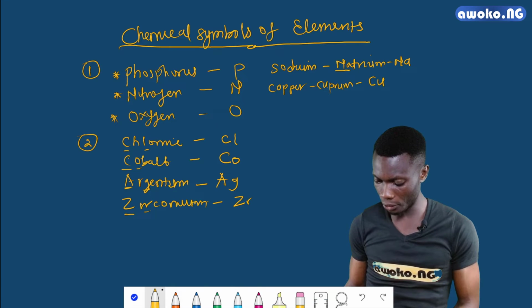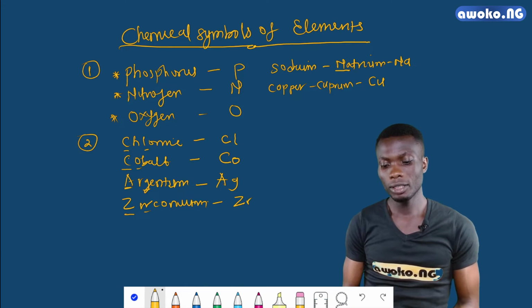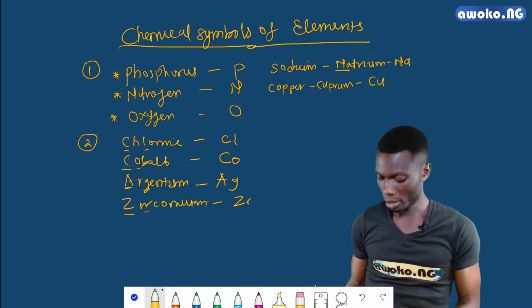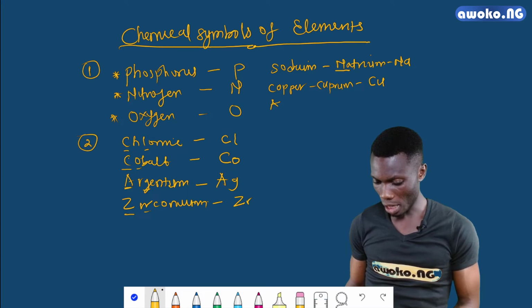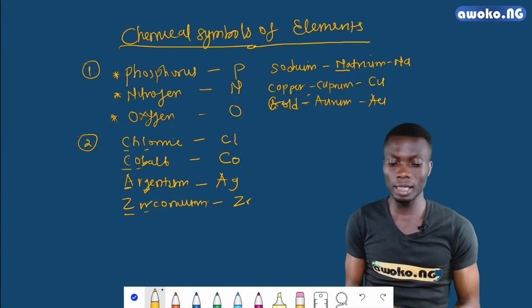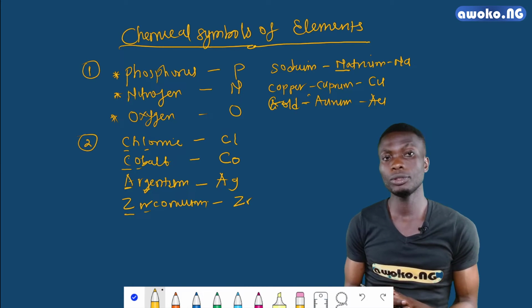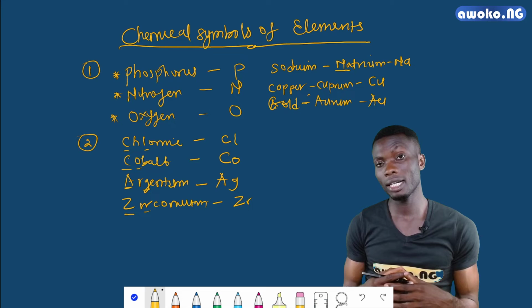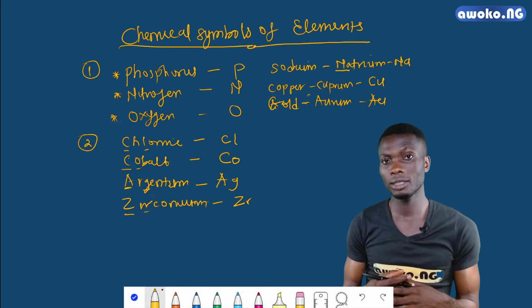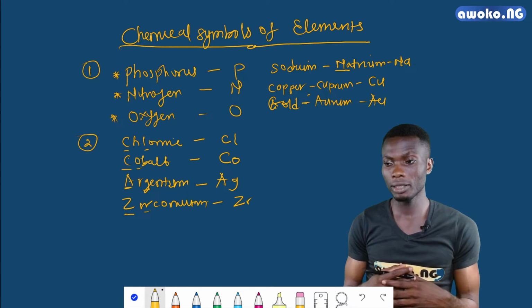Cuprum is Cu. Another is gold. Gold is aurum. Aurum is Au. So these are classical ways in which you represent these elements.